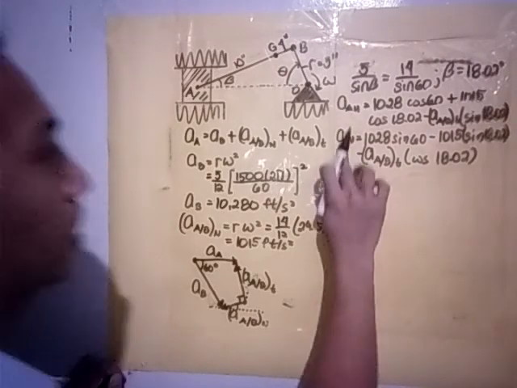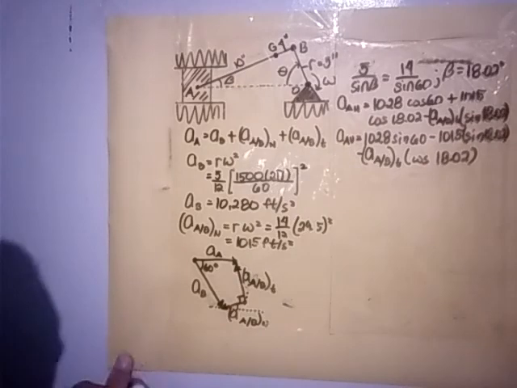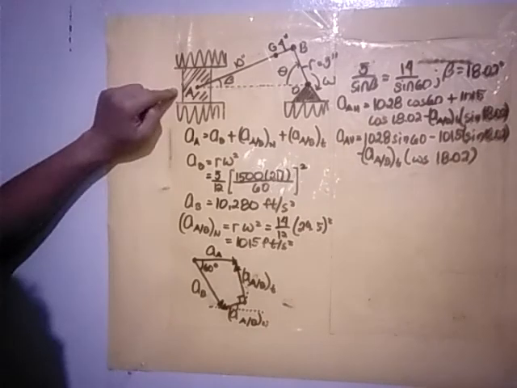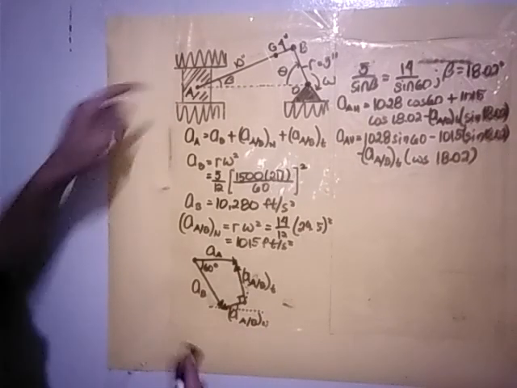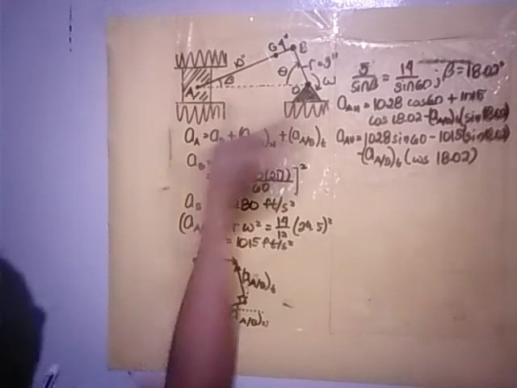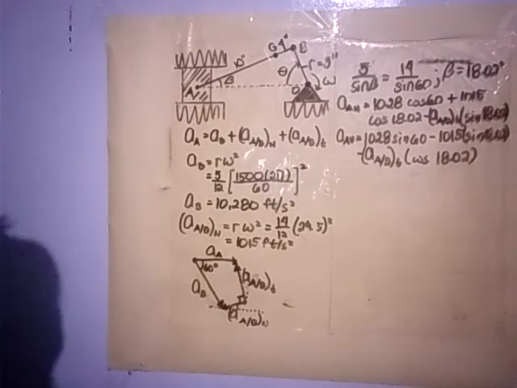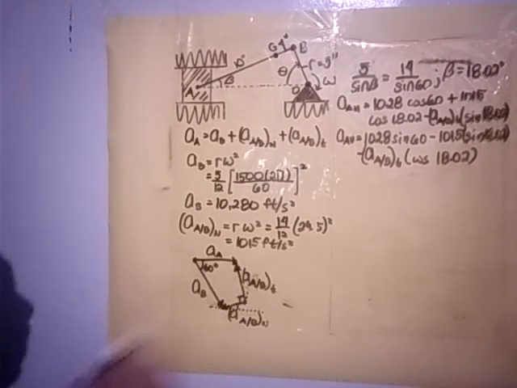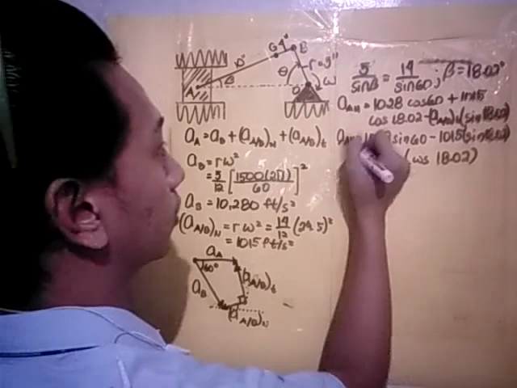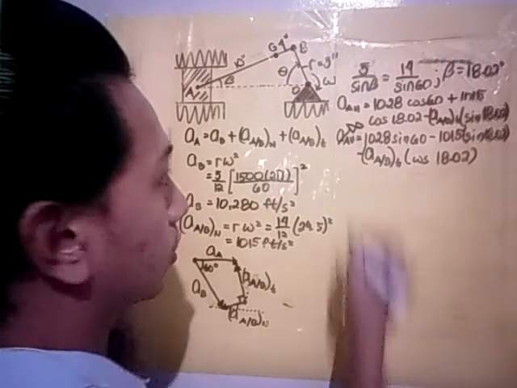Why? Kasi wala tayong vertical component ng acceleration ng piston A natin. Kasi sabi ko nga kanina, horizontal lang yung movement niya. So computing it, this is 0.